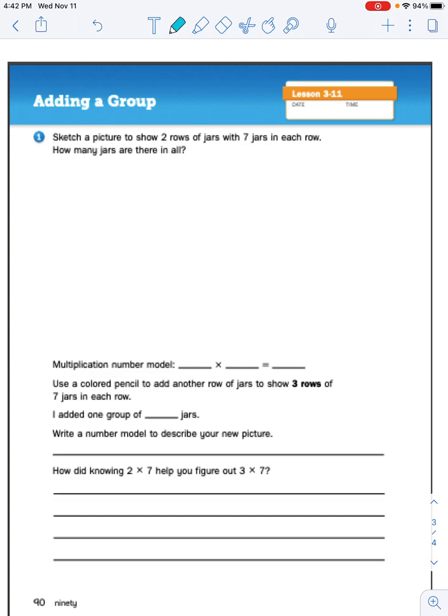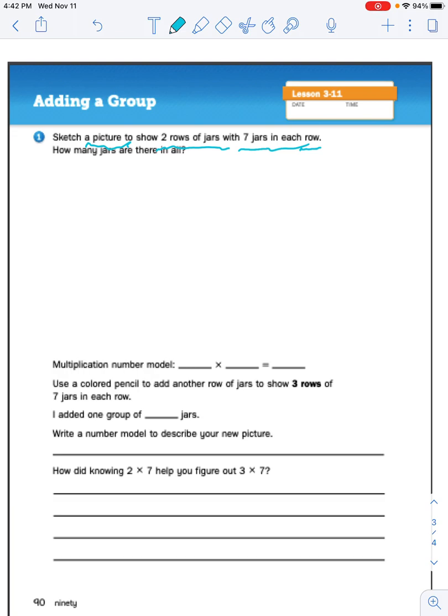Okay, so it sounds like you're going to draw a picture. You're going to make 2 rows of jars. Now you don't have to draw jars. You could make X's or circles to represent the jars. So in those 2 rows of jars, there are 7 in each row. So kind of think about what we've been talking about with an array.